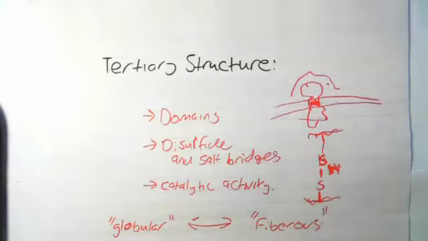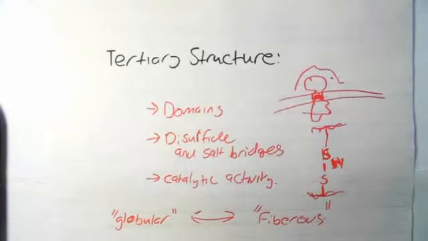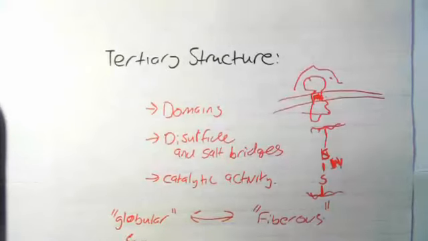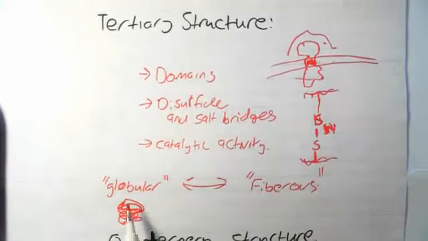Catalytic activity is highly dependent on it, and you can also see two main types of tertiary structure, and that's globular or fibrous. Globular is where you have a protein like myoglobin, which looks roughly spherical, and its chains all arrange to be tightly packed into a glob. It's fairly onomatopoeic, I guess.